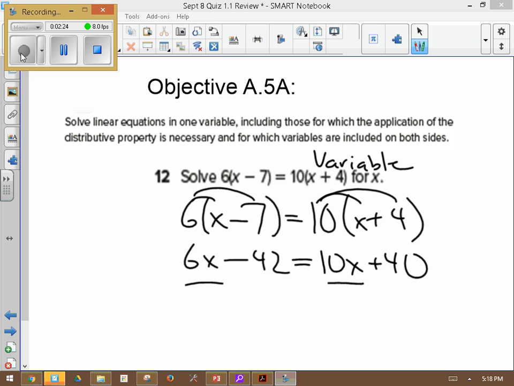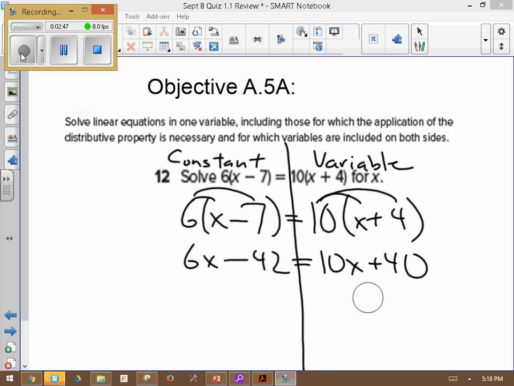So I'm going to isolate the variable on this side. And my left side, I'm going to call the constant side, and that's where my numbers are going to go. I'm also going to divide my problem left to right.